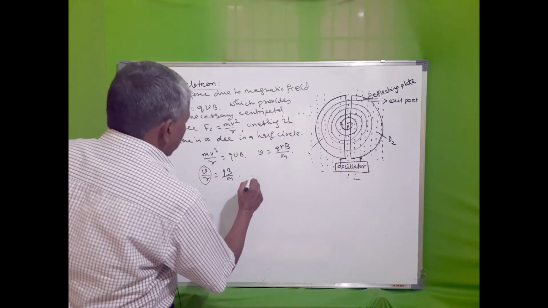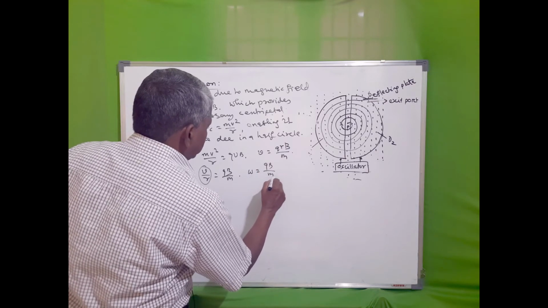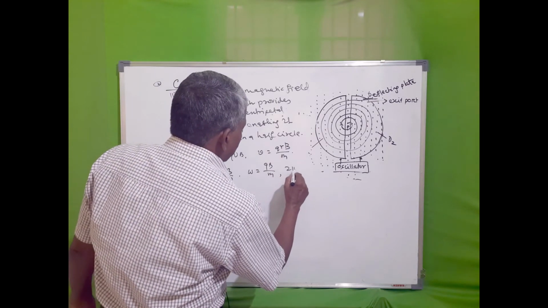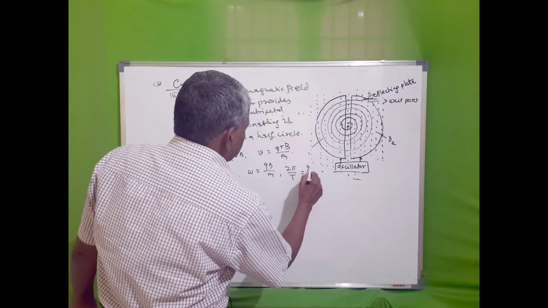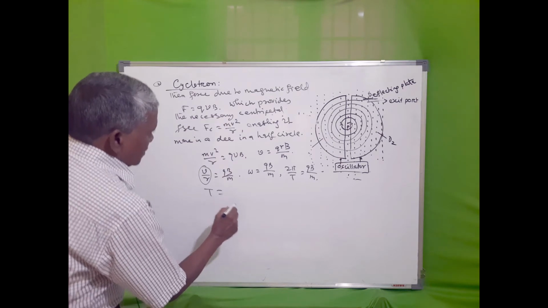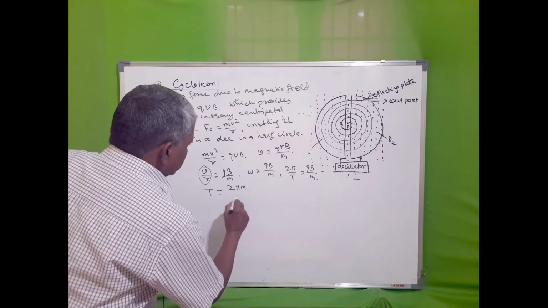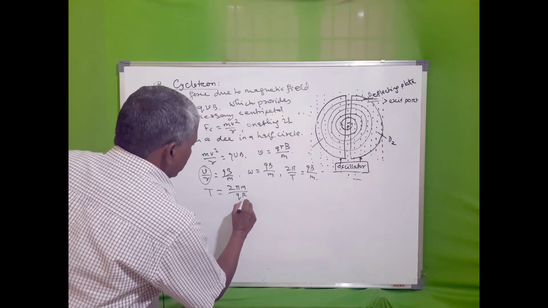This is omega or 2 pi by T, so 2 pi by T is equal to qB by m, or T is equal to 2 pi m by qB.